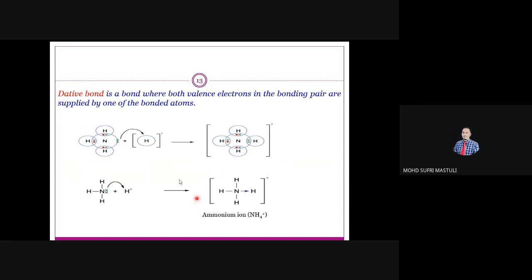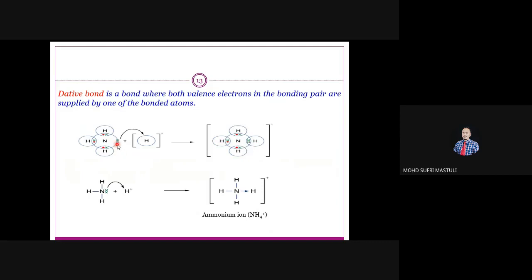So in order to form the ammonium, this one lone pair has to be shared with the hydrogen. So these two will form the single bond. The two valence electrons from the ammonia will be supplied into the hydrogen.